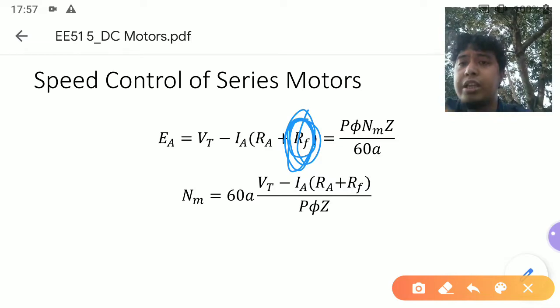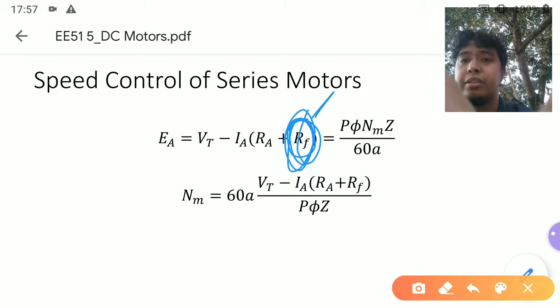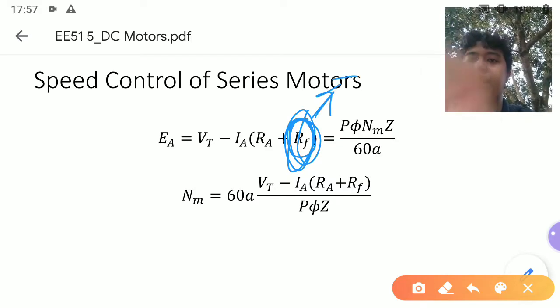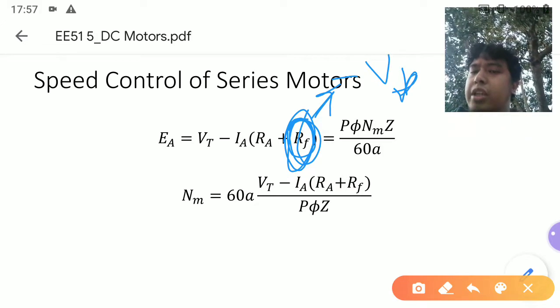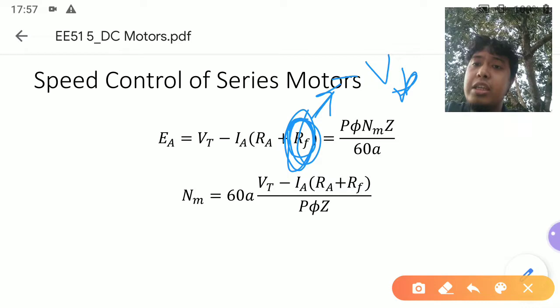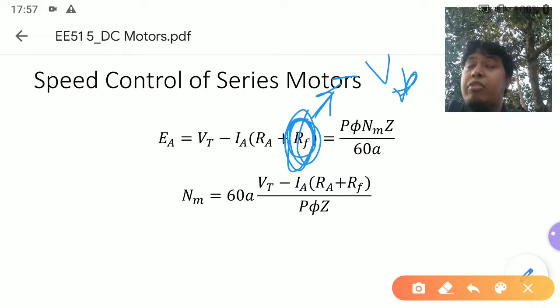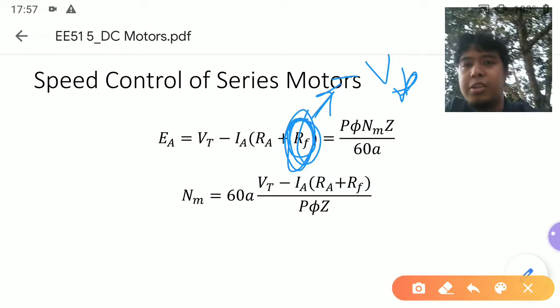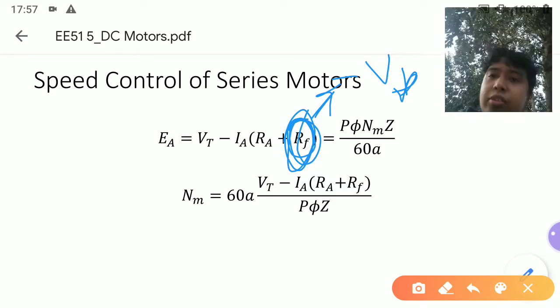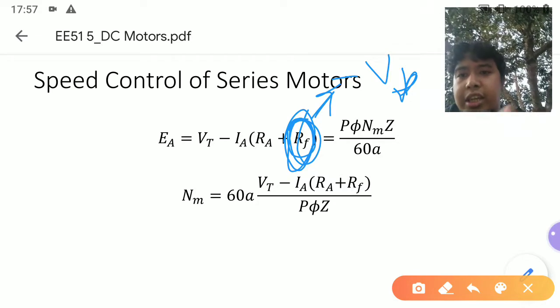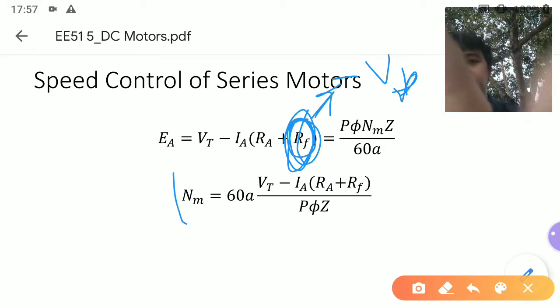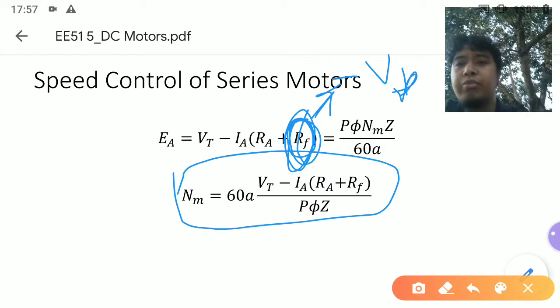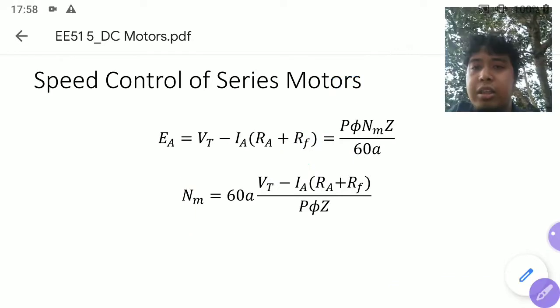And then of course, again, if you want to consider the brushes, then you subtract another voltage here for the brushes. So the EA is equal to VT minus IA times the sum of RA plus RF minus the total voltage of the brushes. That's also equal to Pφ Z N over 60A, and then you isolate N to get the formula for that.